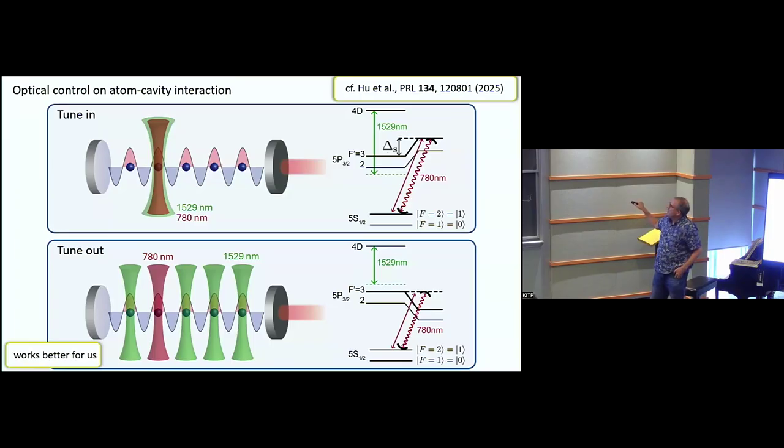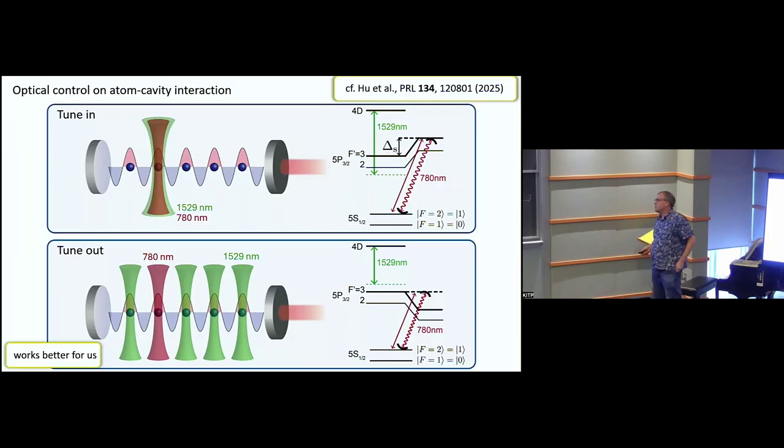And that shifts the excited state energy by a large amount so that the atom can be either tuned in or tuned out of resonance with the optical cavity and with light that is driving the atom. So in that sense, we can selectively couple one or a few atoms to the cavity and then hide all the other atoms so they don't have any optical response.